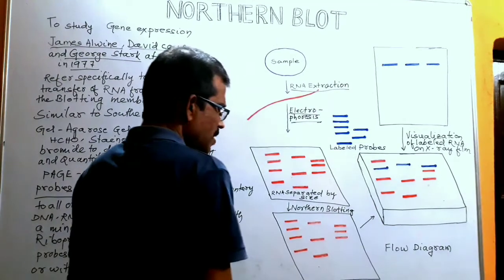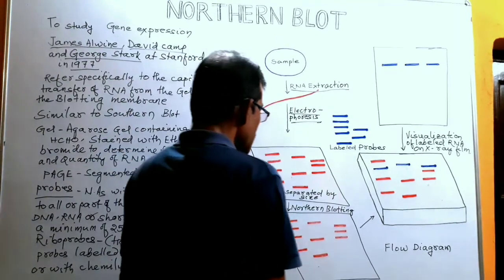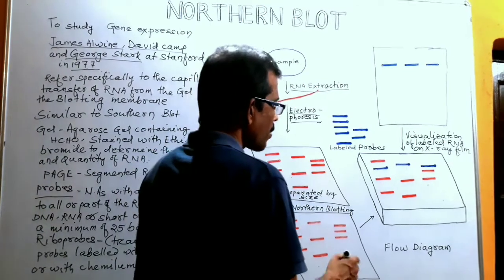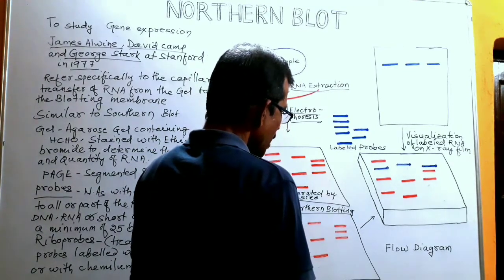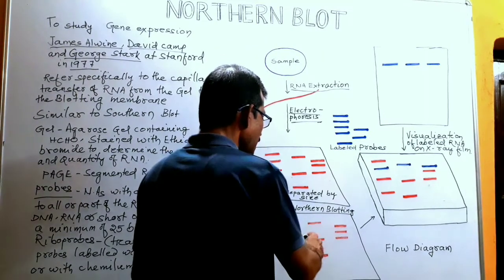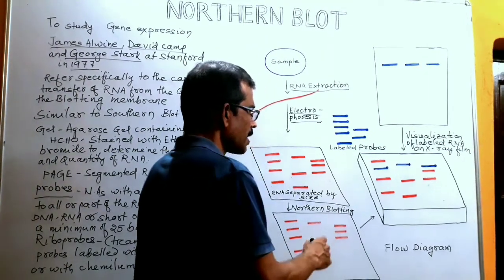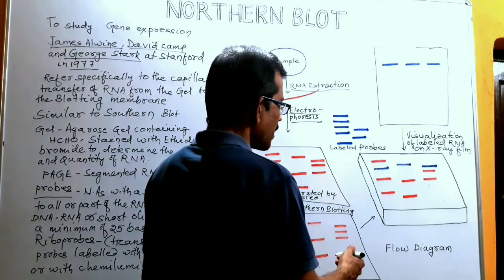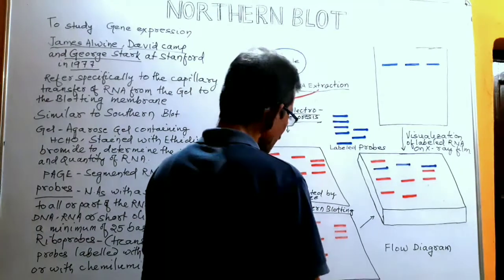And the transfer buffer that is used during the process of blotting contains formamide. Formamide reduces the annealing temperature of RNA probe interaction, thereby preventing the use of high temperature which can degrade RNA.